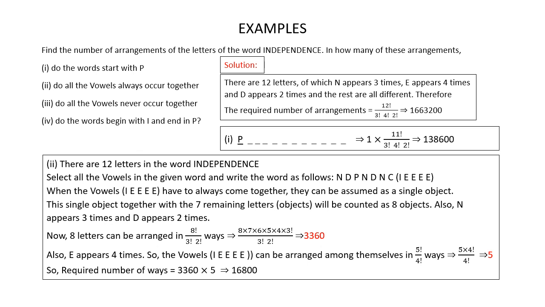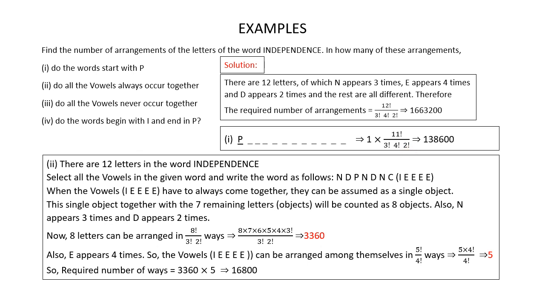Now since we have 11 letters, the overall factorial is 11 factorial. Now the repeat factorials are 3 factorial because N appears 3 times, 4 factorial because E appears 4 times, and 2 factorial because D appears 2 times.